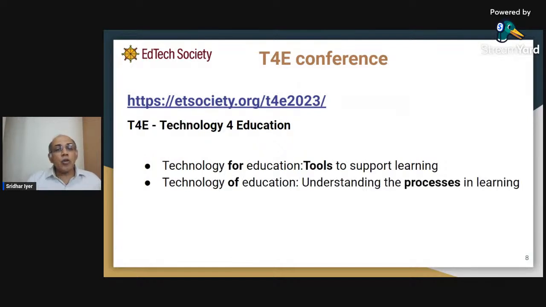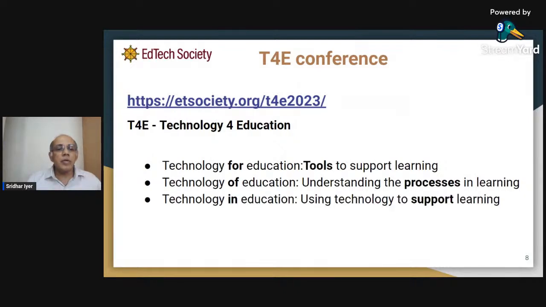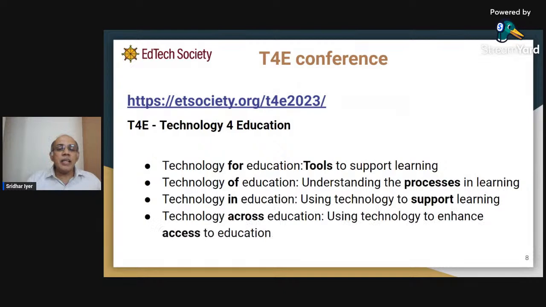It also means technology of education, which means understanding the processes in learning. Then there is technology in education, which is using technology to support learning. And finally, technology across education, which means using technology to enhance access to education for diverse demographics, diverse geographies, and so on. So this is the scope of T4E.